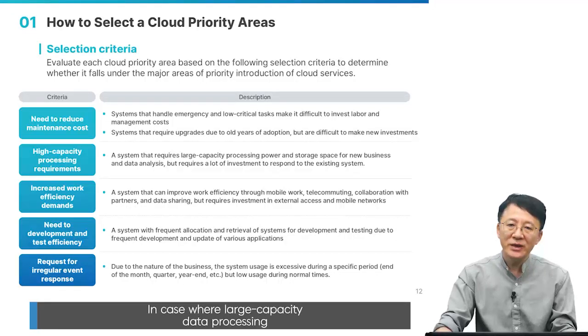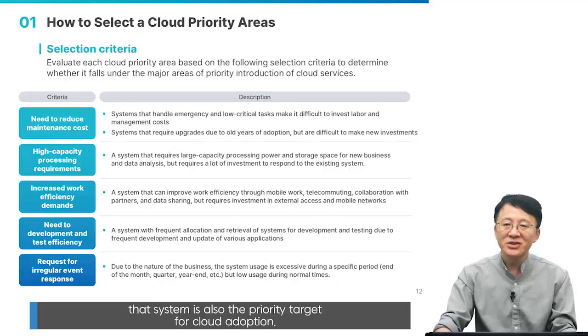In cases where large capacity data processing and storage space are required, the shift to the cloud is a priority. When work efficiency is important and the work needs to be performed without time or space constraints, the system is also a priority target for cloud adoption.